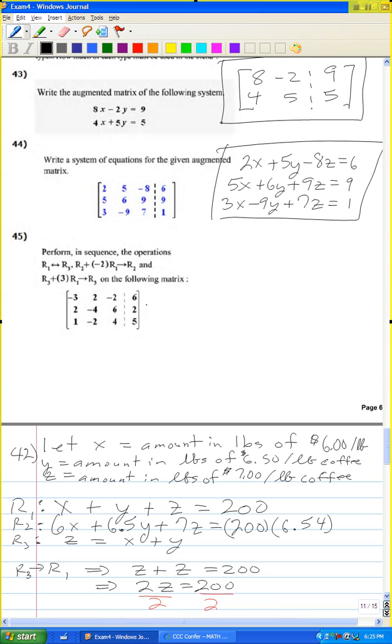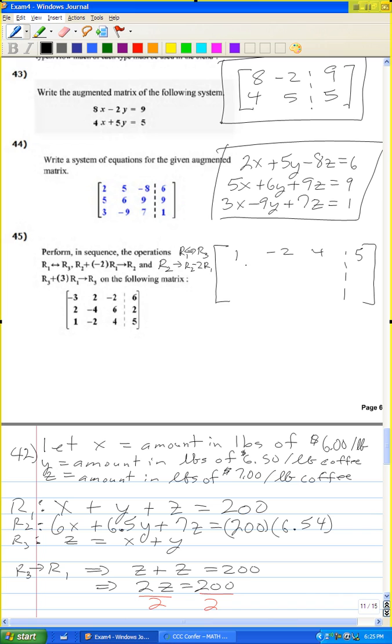Okay, so let's do this. So first I want to interchange rows 1 and 3. Okay, so let's interchange rows 1 and 3. And so 1, -2, 4, 5. Next you want to take the new row 2 will be row 2 minus 2 row 1.